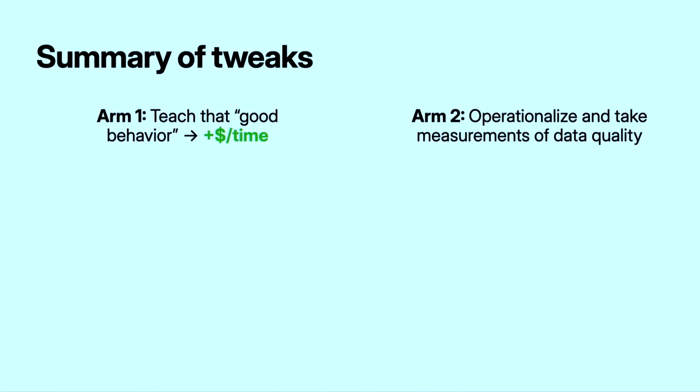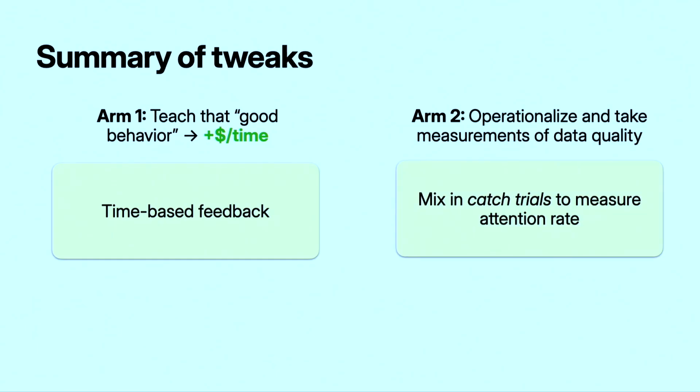Okay, so here's what I've told you so far. Two types of approaches to improve data quality. First is to set up appropriate incentive structures. That's arm 1. The first thing we did there was add time-based feedback. Secondly, let's introduce measures of data quality and inline them into our task design.